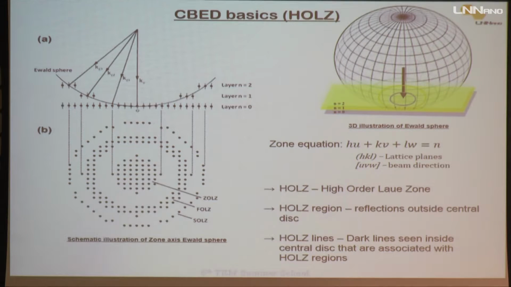The HOLZ region is the region away from the zones, something like from here and here. Apart from this circle, the zero order level zone, these regions are called the HOLZ region. So there is a distinction between the HOLZ region and HOLZ lines, and we normally deal with both for understanding different applications.